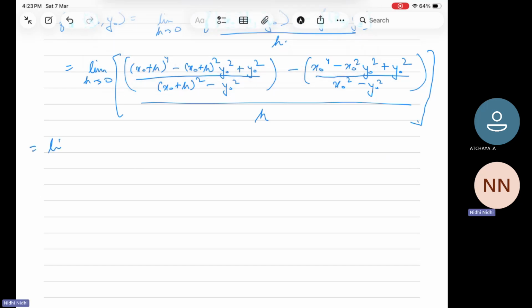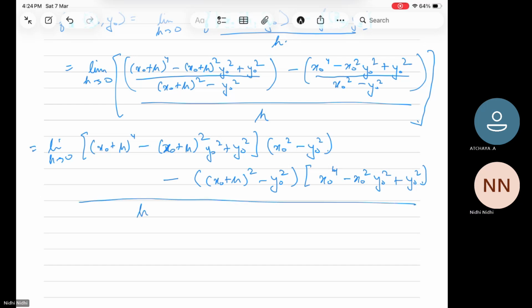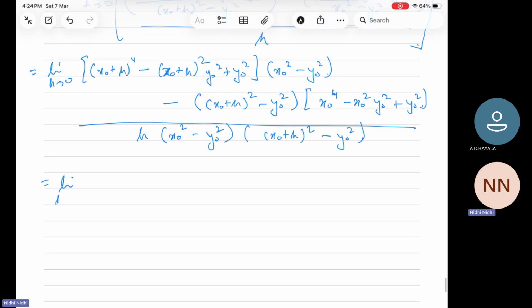So this will be limit h tending to 0 of x naught plus h to the power 4 minus x naught plus h square y naught square plus y naught square, times x naught square minus y naught square, minus x naught plus h whole square minus y naught square times x naught to the power 4 minus x naught square y naught square plus y naught square, upon h times x naught square minus y naught square times x naught plus h square minus y naught square.